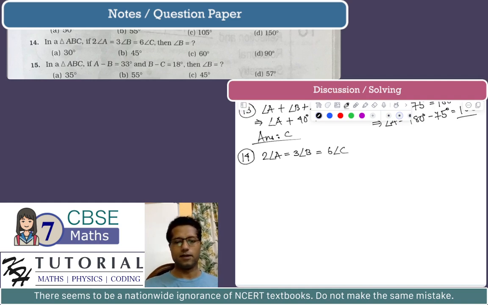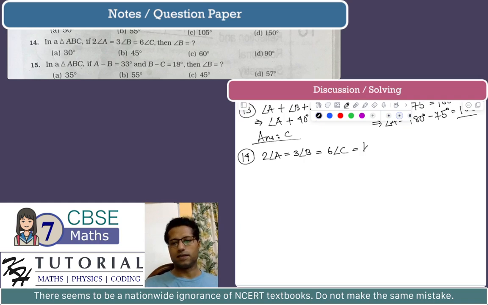We are asked to find the angle B. Now the standard way is that you assume that all these, twice of A, thrice of B and 6 times C, are equal to some constant. You can assume any letter X, Y, Z or K. For constants, the letter K is normally used.